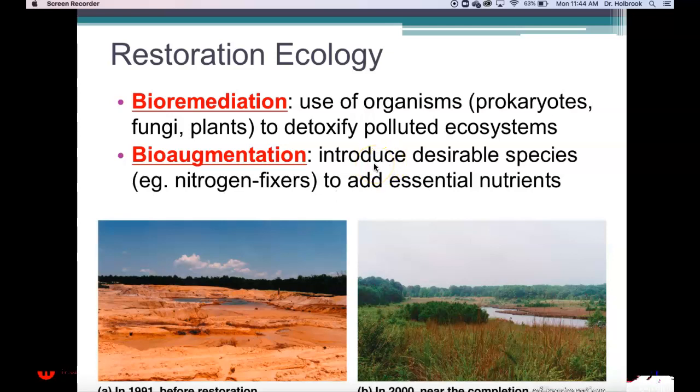Let's say you have a type of plant or microorganism that's really good at nitrogen fixing, and you have an ecosystem that needs a boost in nitrogen fixation so other plants can grow. You can add that to the ecosystem so that you get a boost in primary production, basically. If you need to pause and write that down, go ahead.